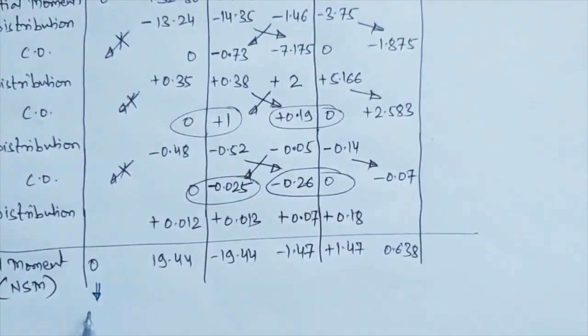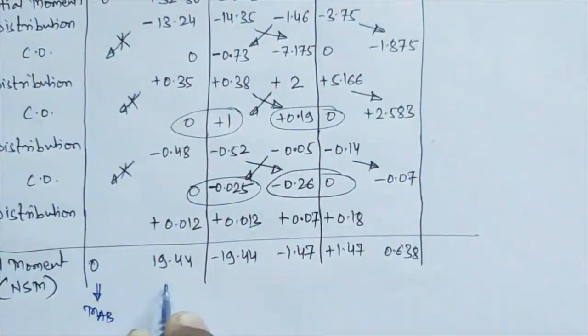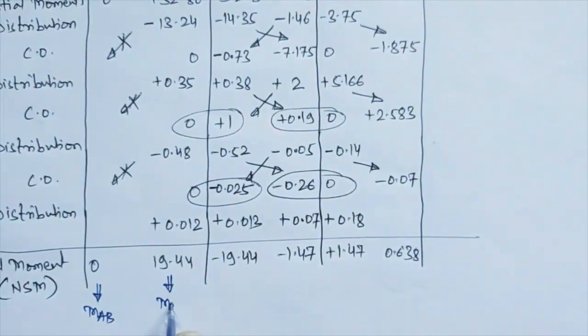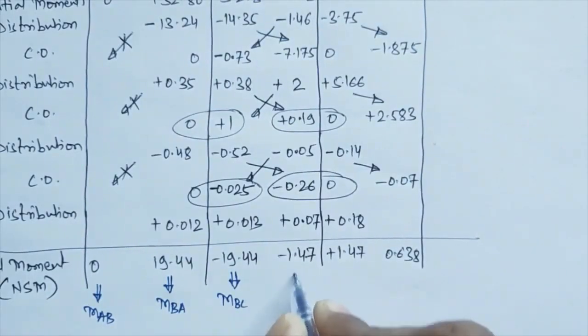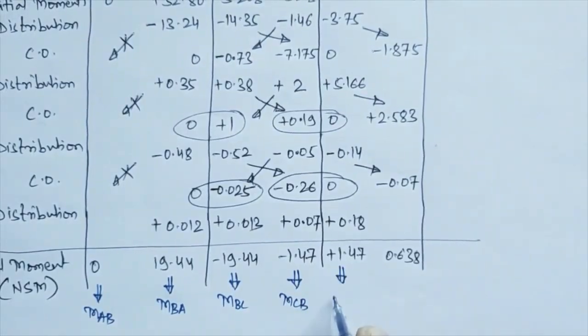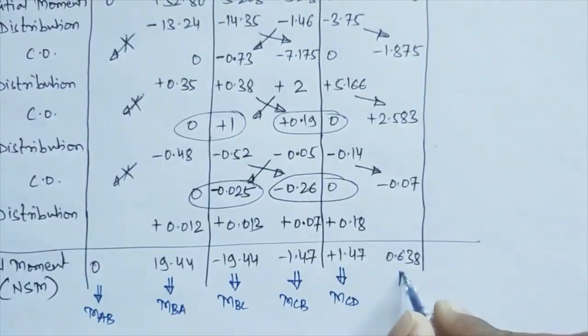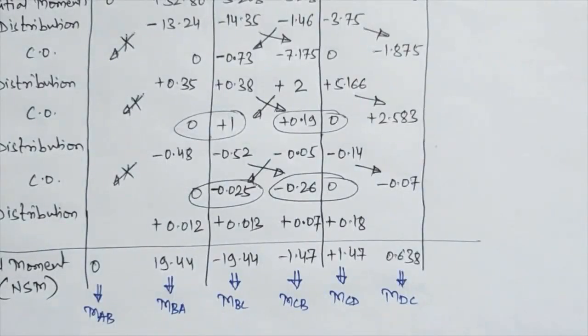These are your non-sway moments, that is MAB, MBA, MBC, MCB, MCD, and this last is your MDC over there. So this analysis you have to carry out, that is the non-sway analysis over there, the same as your previous numericals.